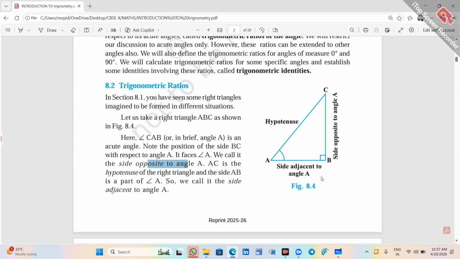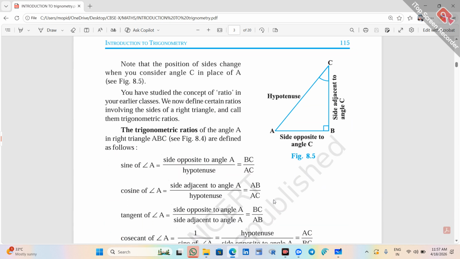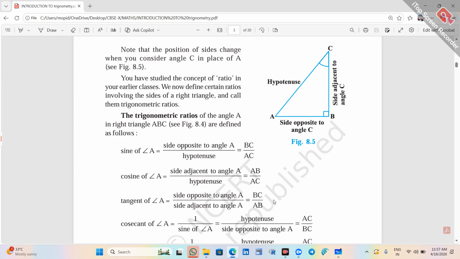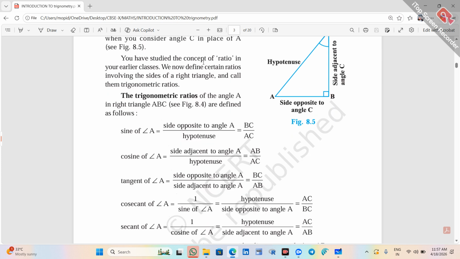First you must know which one is the adjacent side and which one is the opposite side. This is the main thing. Note that the position of the sides changes when you consider angle C in place of angle A. Whenever the angle changes, you need to check which side is opposite and which is adjacent. There most people get confused.